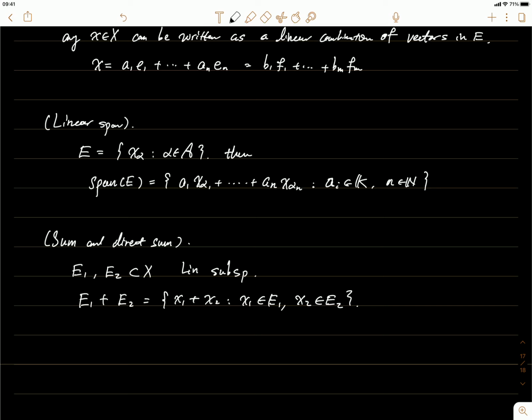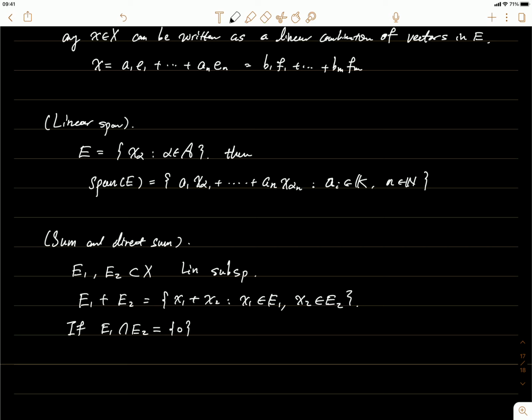This is not particularly interesting, but a special case will be interesting if the intersection of E1 and E2 is only 0. Because they are both linear subspaces, they both at least contain 0, so when we take the intersection, it will contain 0.